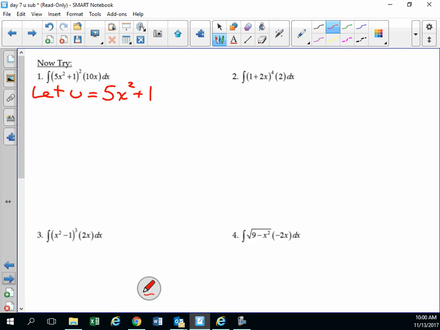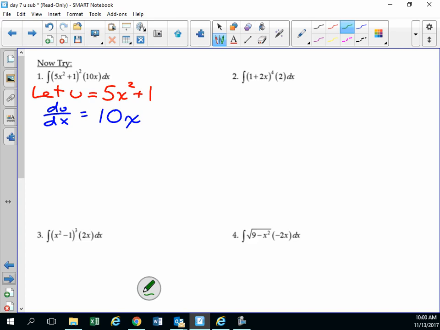Then, Gabriel, what's du dx? What's the derivative of this? That's integration. Lexi, what? 10x. Now, but I said you need to solve for what? du.